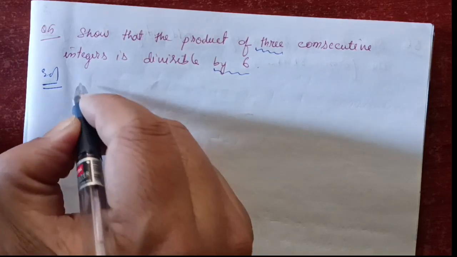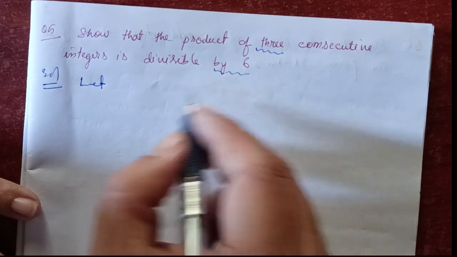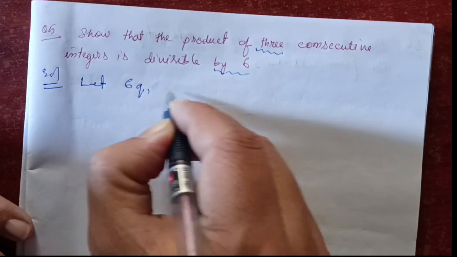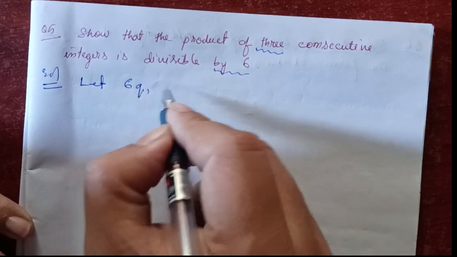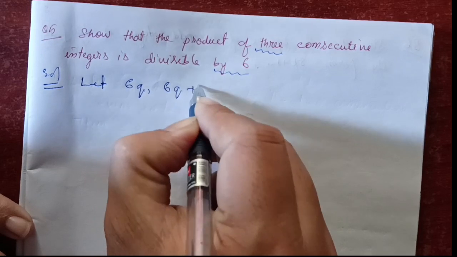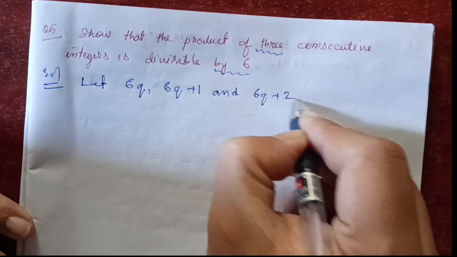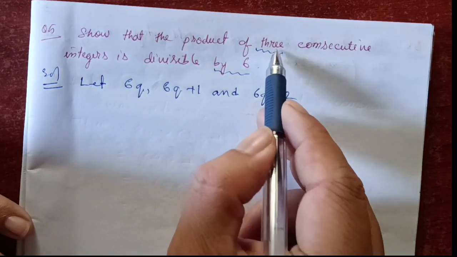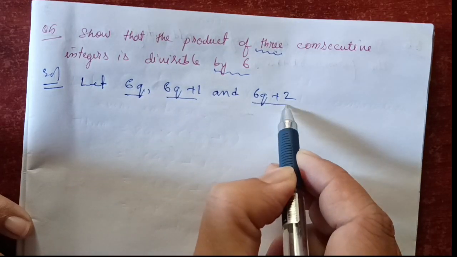Okay, in question number 5, let the number be 6, that is why we will be using the number 6. Let 6q. They don't mention any odd or even, that is why we can write directly 6q plus 1 and 6q plus 2. Why do we write only 3 times? Because the question says write only 3 times. So 1, 2, 3.